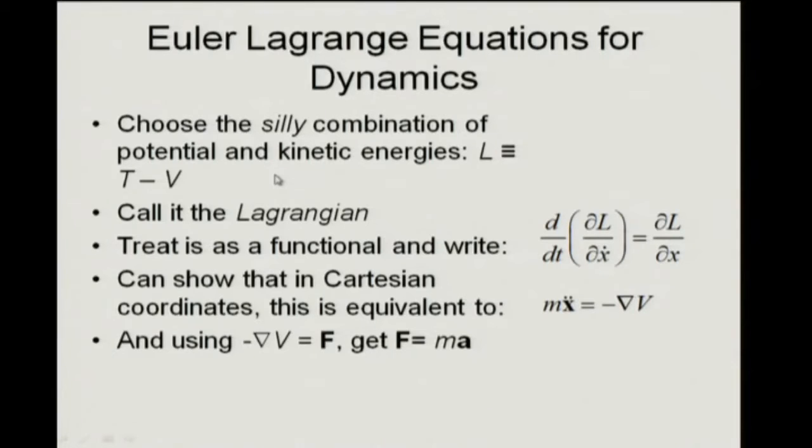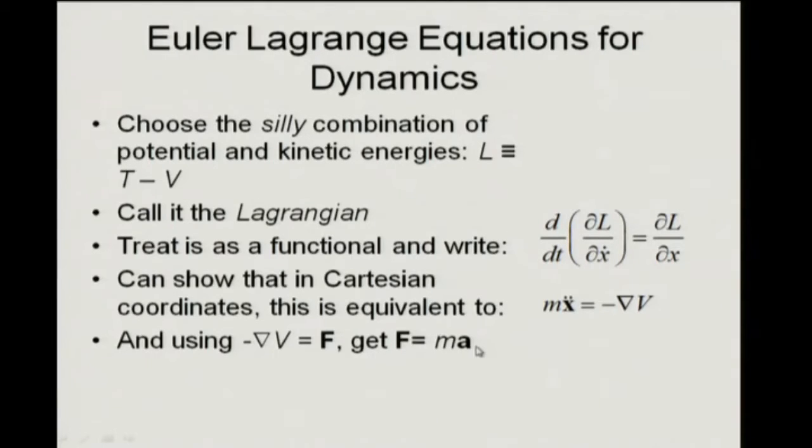It is slightly less tangible than kinematics. And then essentially in the Cartesian system, this set of equations and F equals ma become identical. There is no difference between these equations.